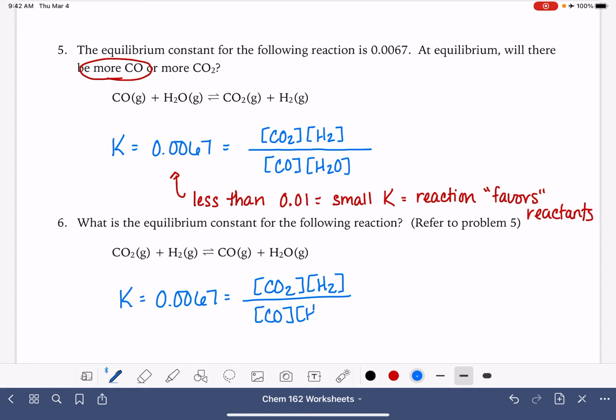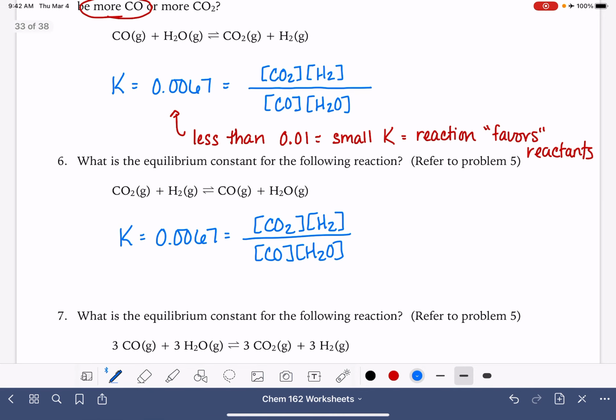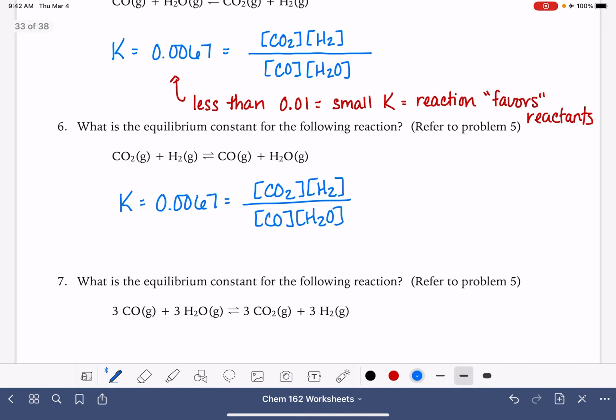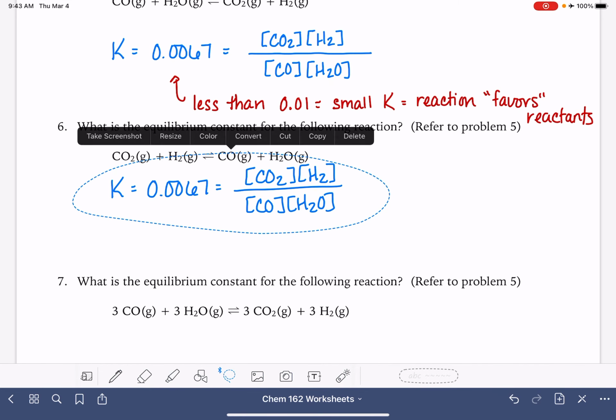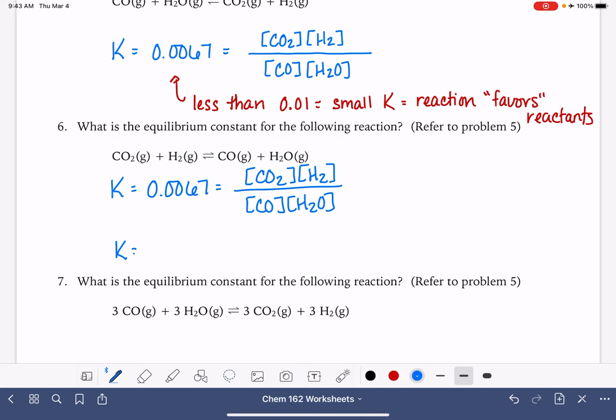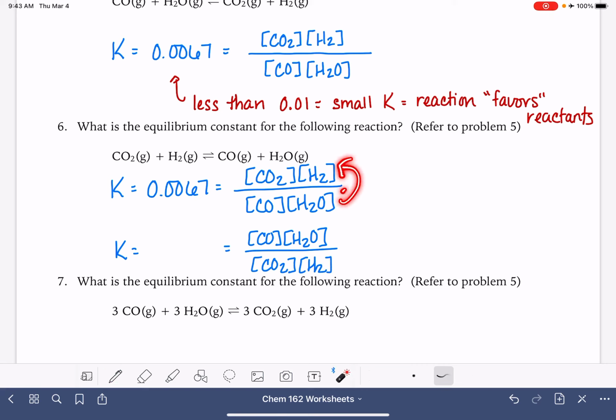CO times H2O. Well, if what we do is we swap the direction of the reaction, so now our equilibrium expression is going to be CO times H2O over CO2 times H2. What we've done here is just swapped or flipped that fraction, and then that means we're going to do the same thing over here to our equilibrium constant.